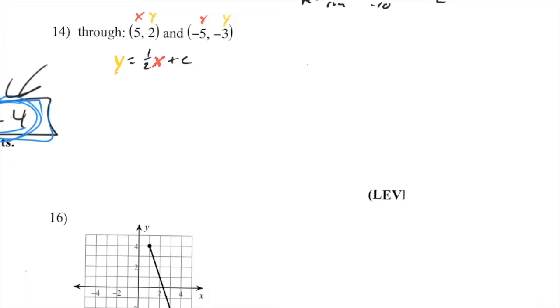Sorry, having technical difficulties. So I should expect to get 2 out if into the equation I put 5. All right, this 5, this 2. This is being multiplied, this is being added. So 5 times 1/2 is really 5/2, and c.